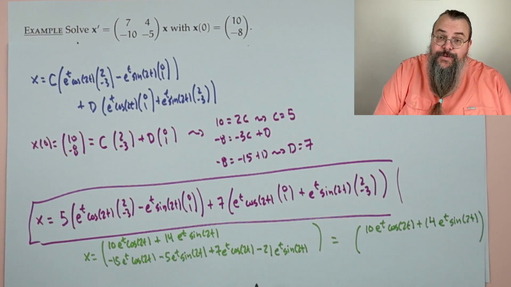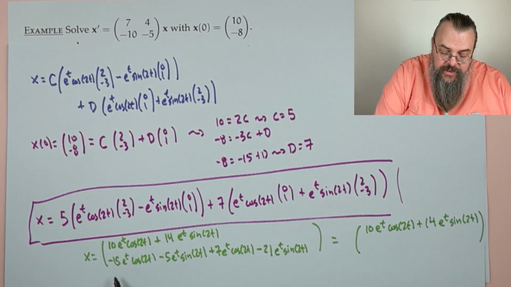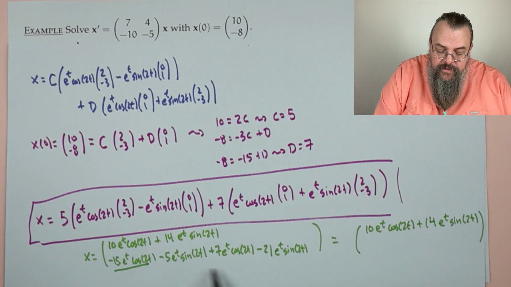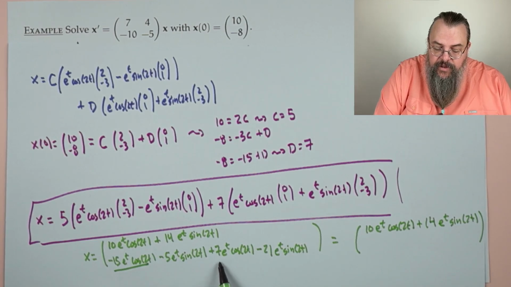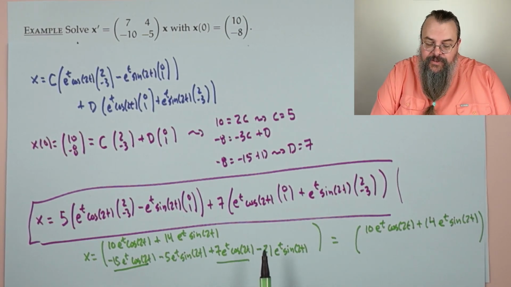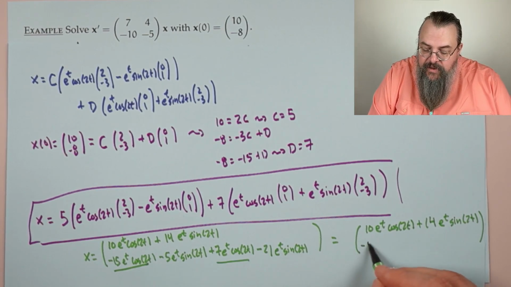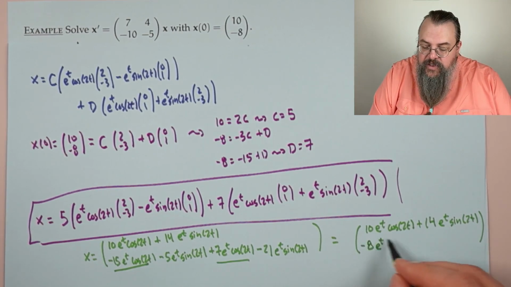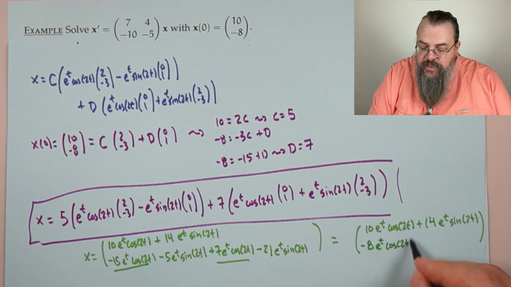But downstairs, we can do some things. Namely, we can combine. See how we have -15 e to the t cosine 2t plus 7 e to the t cosine 2t? That makes it a -8 e to the t cosine 2t.